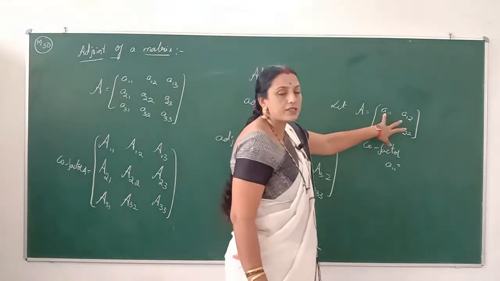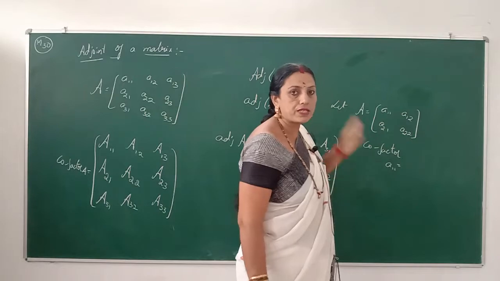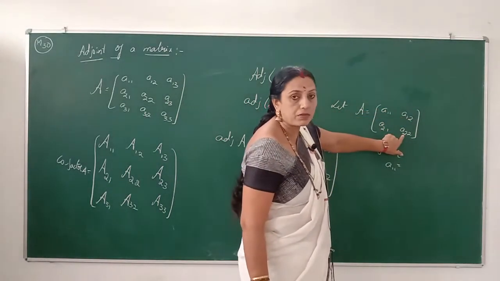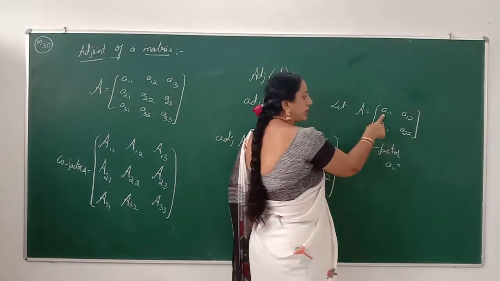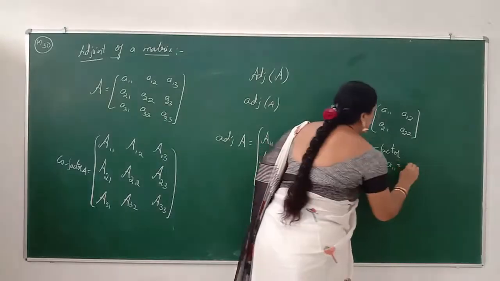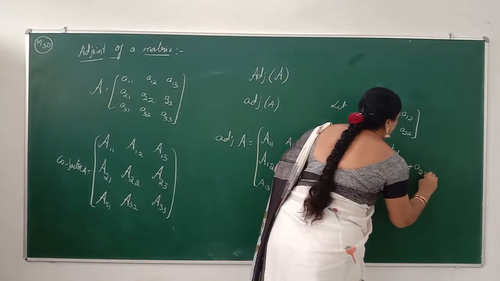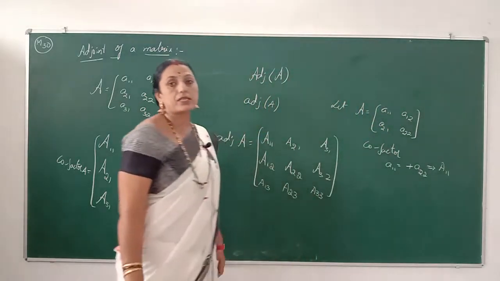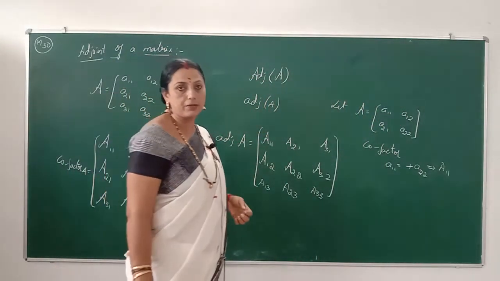A11 is an element of the first row, first column, and these elements get neglected. The remaining is nothing but A22. According to the sign, the first element is multiplied by positive, that is plus A22. That is also denoted by capital A11. It's the cofactor of the first element.